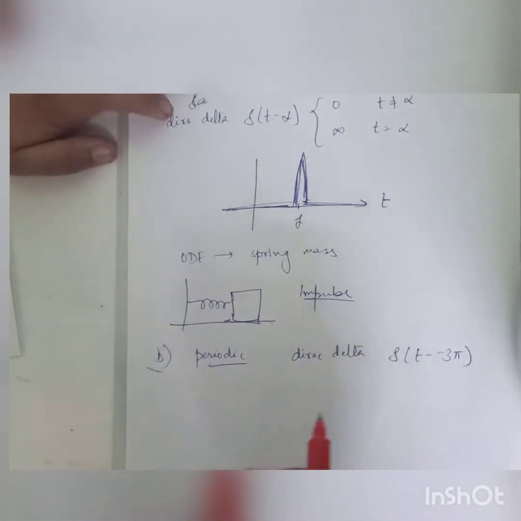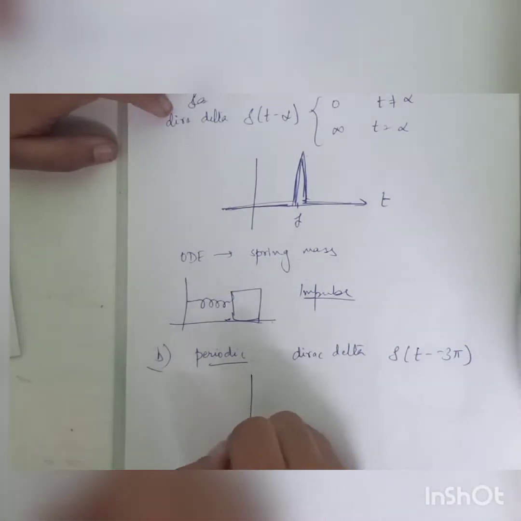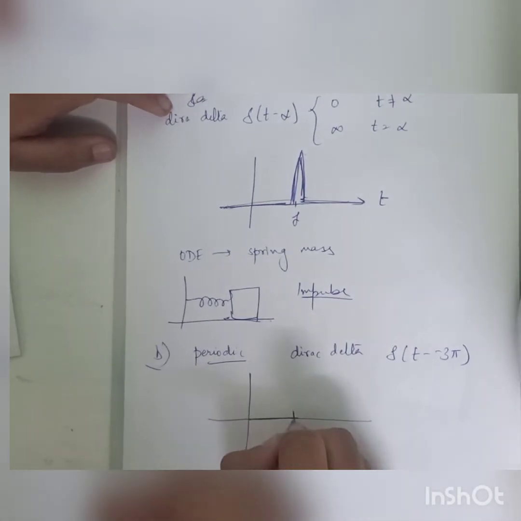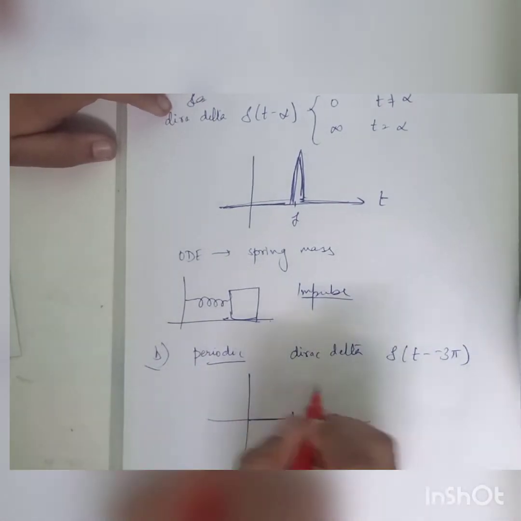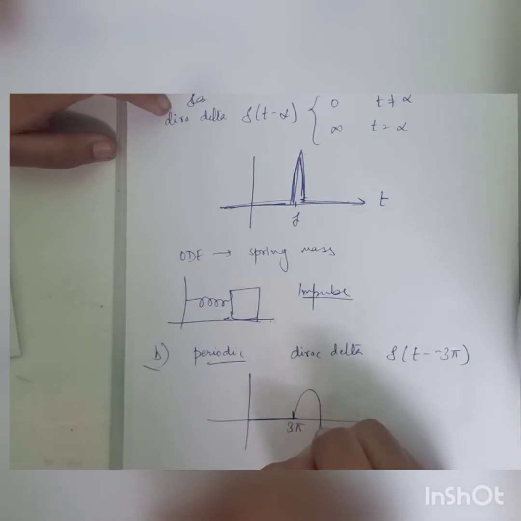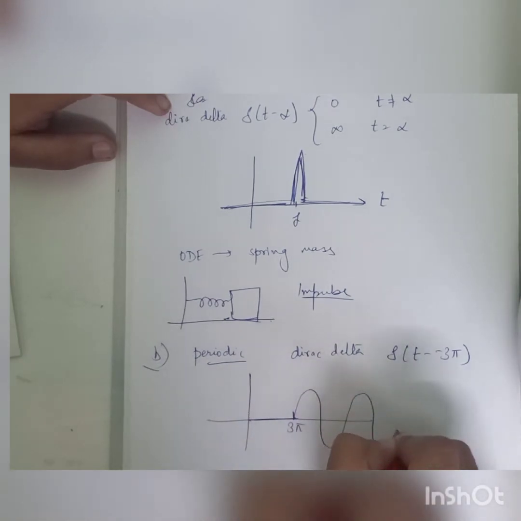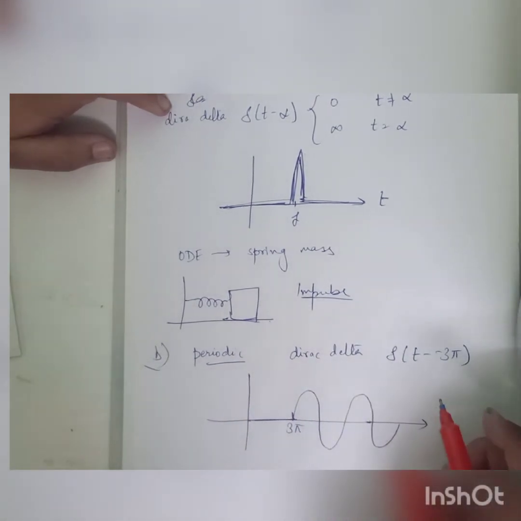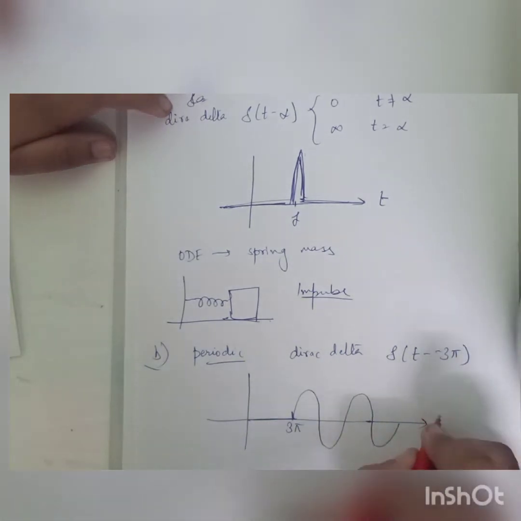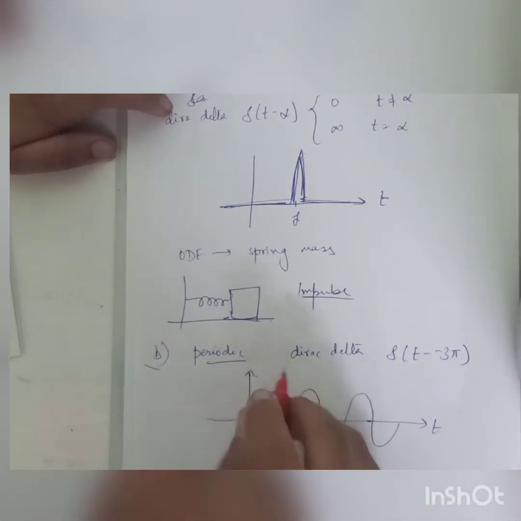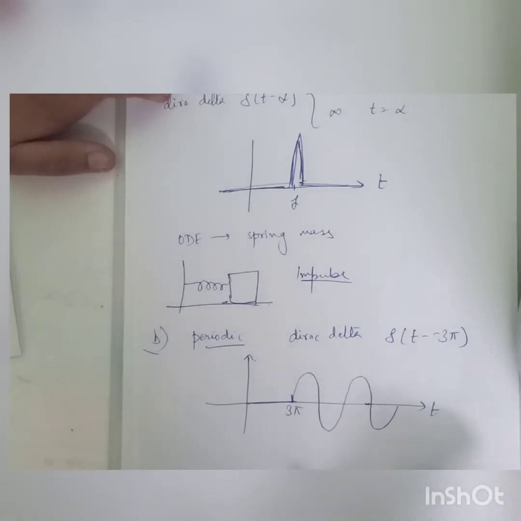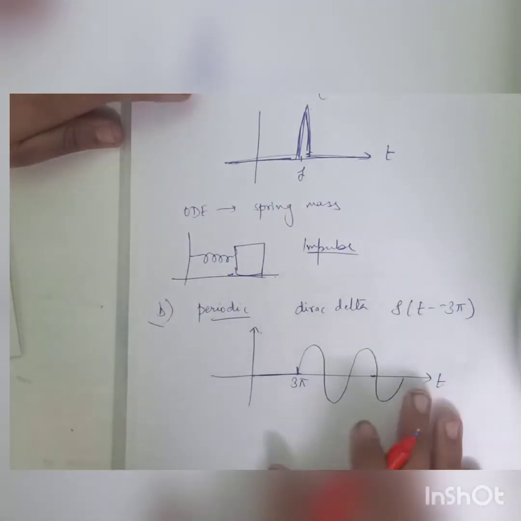Until 3 pi it doesn't move, its value is 0, and periodic motion we can represent by a sine or cos function. I have taken the sine function here. So this is t, this is the value, and this is the approximate graph according to me. Something like this will happen.